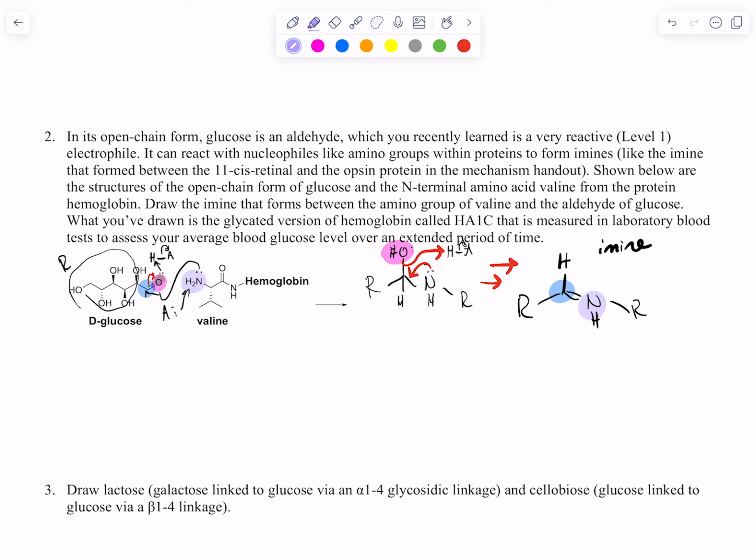So that's glycated hemoglobin. Now let me just ask you this, you may or may not know this. Why do they want to know about glycated hemoglobin? Why not just measure your blood glucose concentration and be done with it?